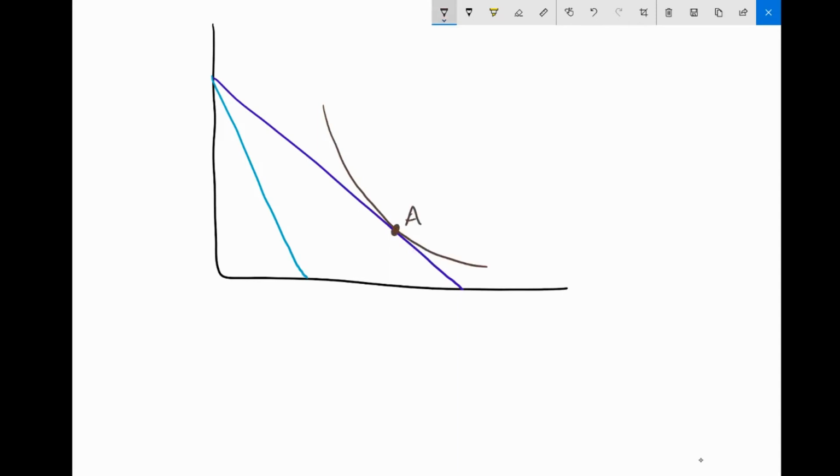Bundle A. Bundle B. All right, so here's bundle C. We got to move this.